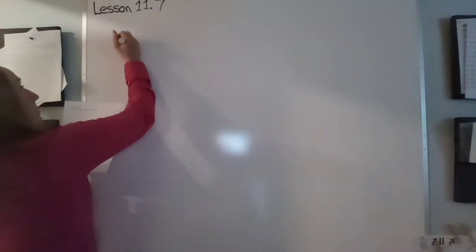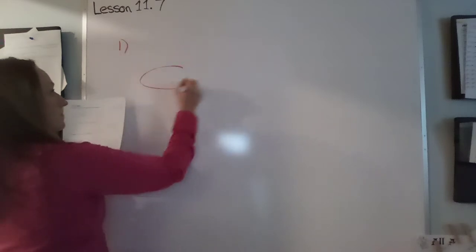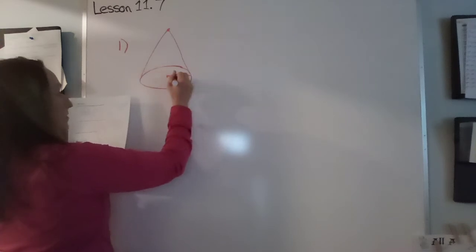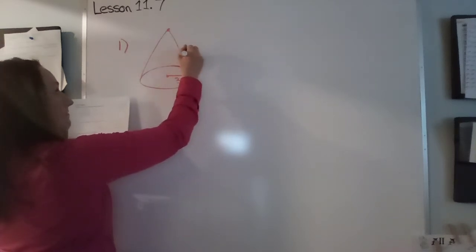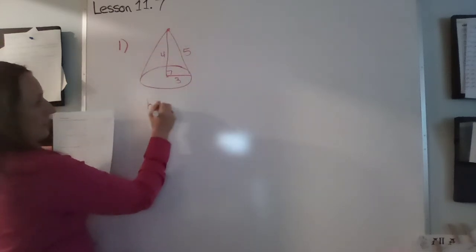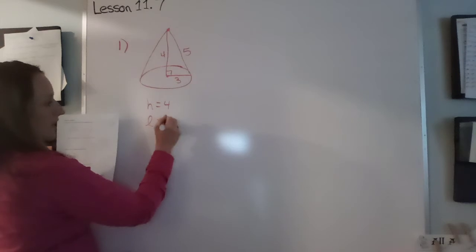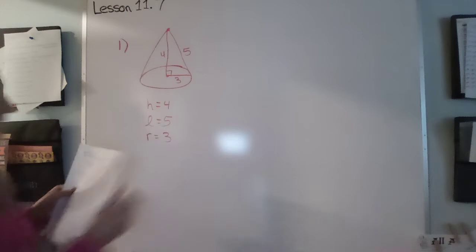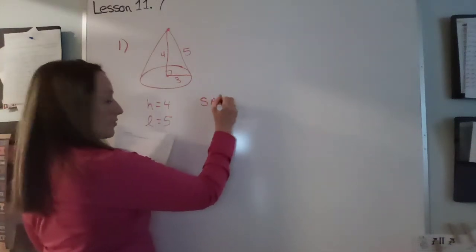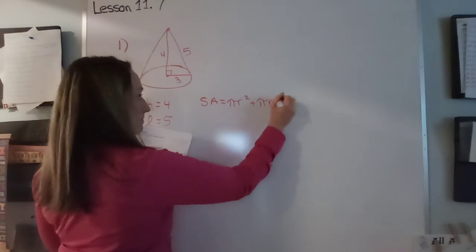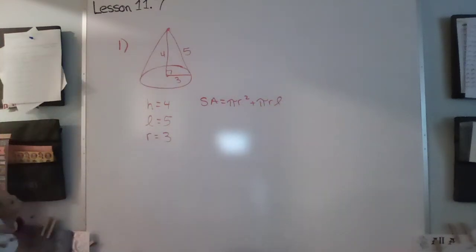The first problem on the back side, we have a cone. The cone has a radius of 3, a slant height of 5, and a height of 4. So if I was labeling, height is 4, slant height is 5, and radius is 3. You're asked to find the surface area of the right cone. Your surface area formula is pi r squared plus pi rL, so it's just a matter of substituting in and simplifying.